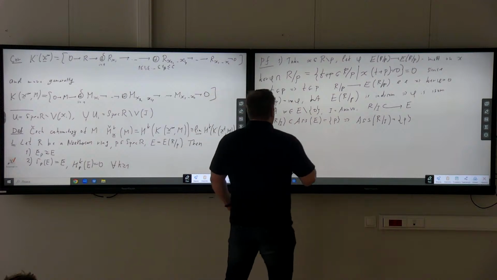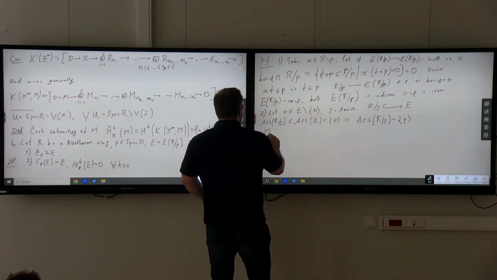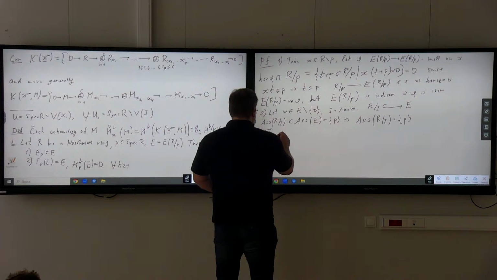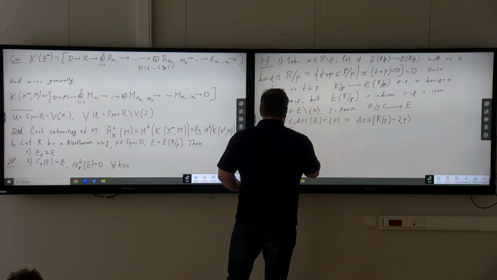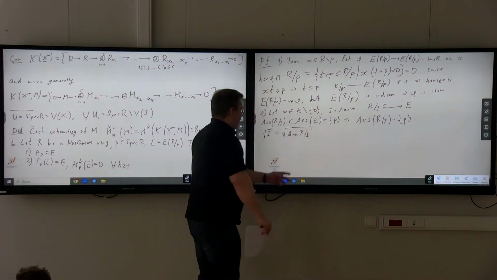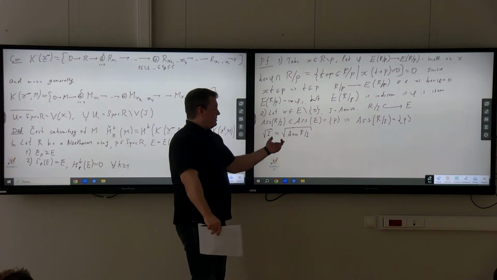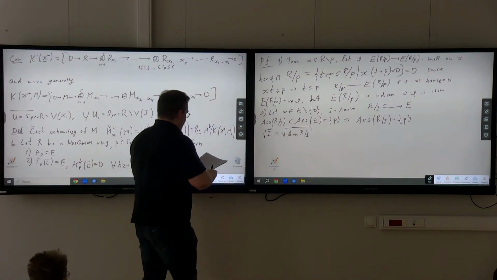Okay, now the radical of I, which is, by definition more or less, the same as the radical of the annihilator of R modulo I. Well, the annihilator of R modulo I is precisely I, so this is silly.